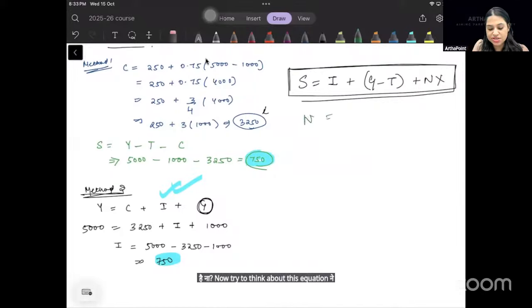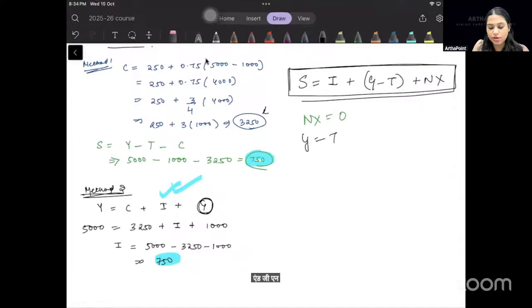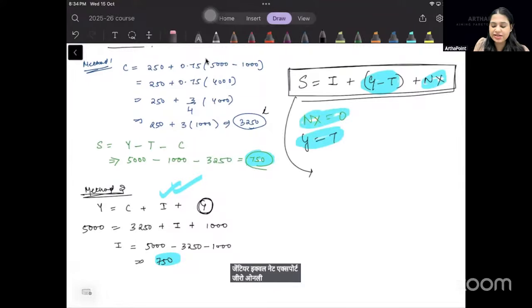Net exports are 0. And G and T are equal. G and T are equal. Net exports are 0. Only then I am getting S and I to be equal.